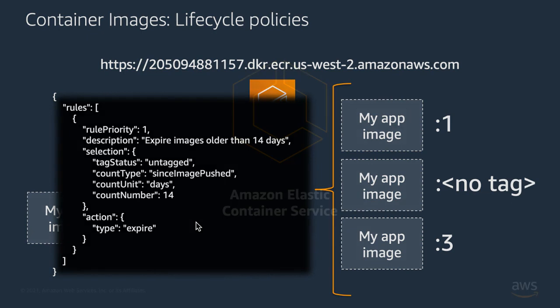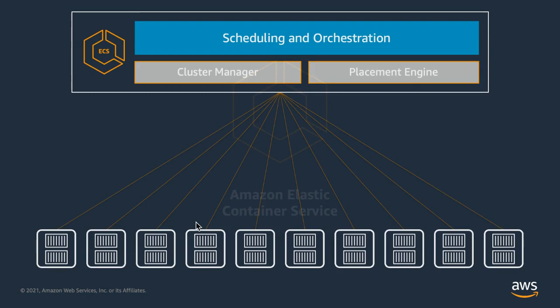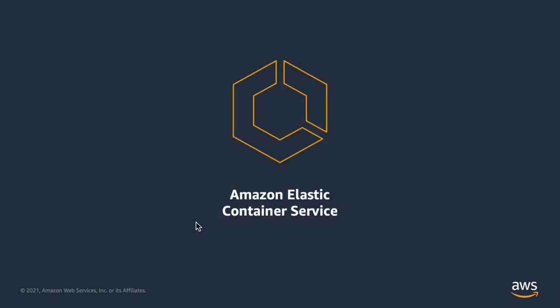Okay. So next, we talked about why containers, and we talked about ECR. Now we move to the next stage, Elastic Container Service from AWS. Elastic Container Service is a fully managed container orchestration platform.